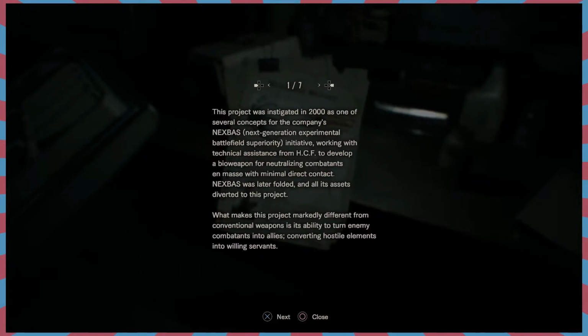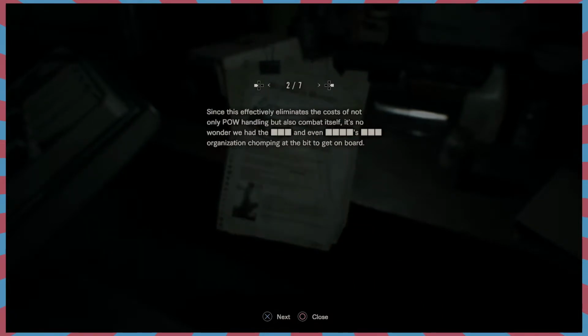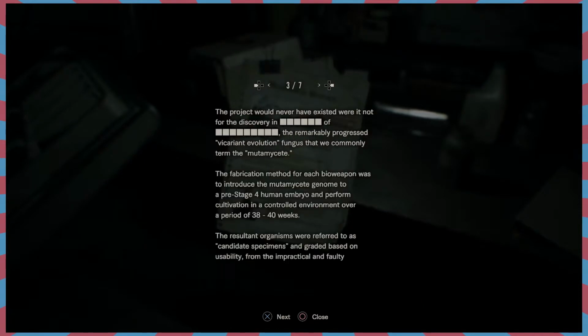What makes this project markedly different from conventional weapons is its ability to turn enemy combatants into allies, converting hostile elements into willing servants. It effectively eliminates the costs of not only POW handling, but also combat itself. The project would have never existed were it not for the discovery of the remarkably progressed variant of evolution fungus that we commonly term the mutamycete.